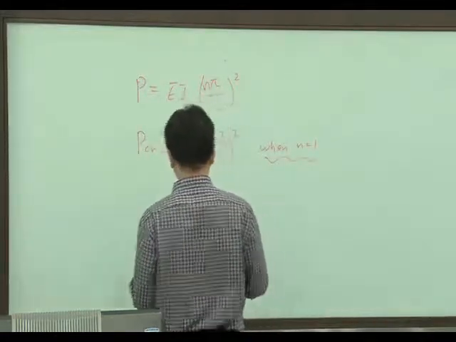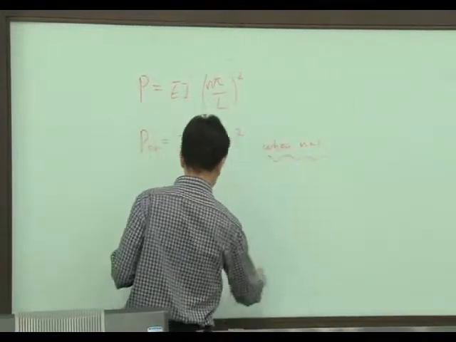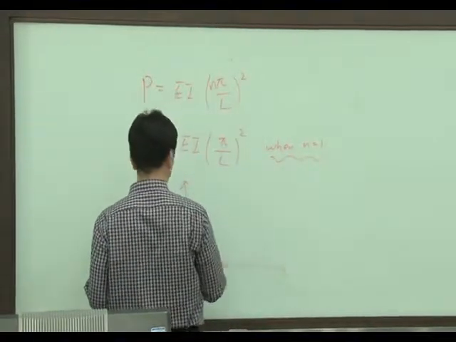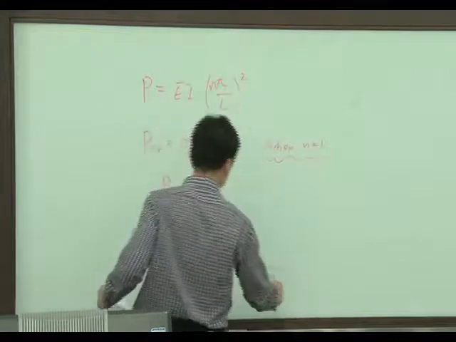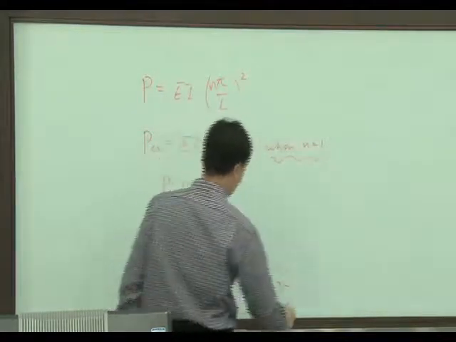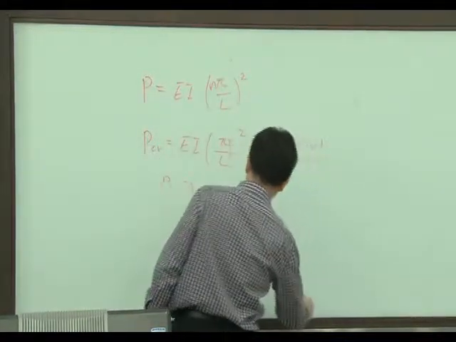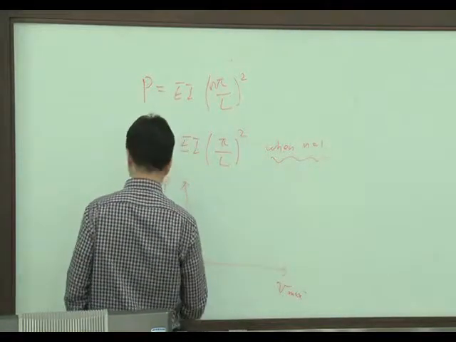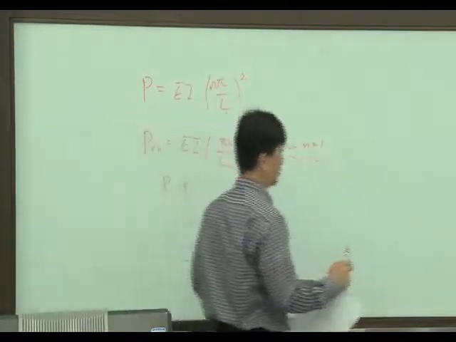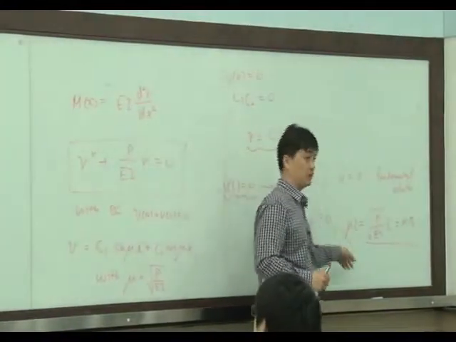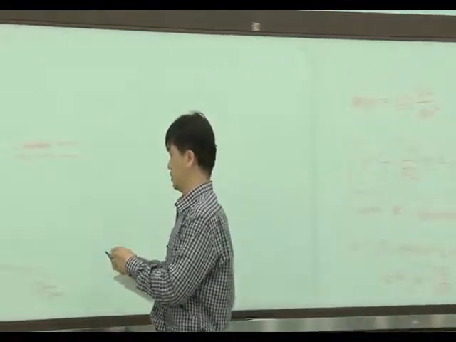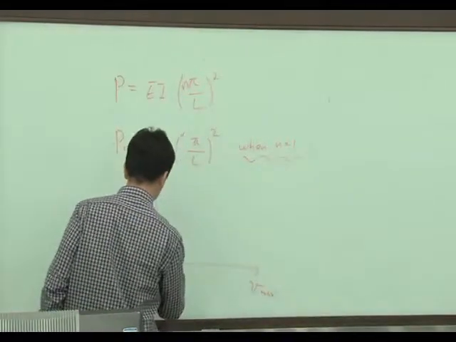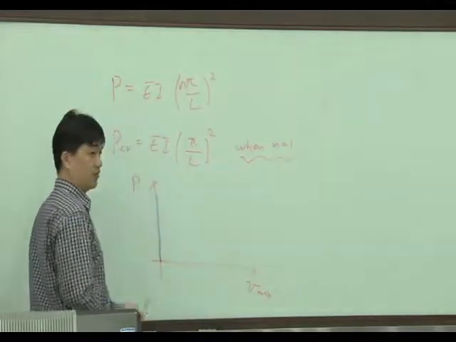So we can also draw a curve between P and V, let's say V max. The first equilibrium path, due to the fundamental solution, is this one, because V equals 0.